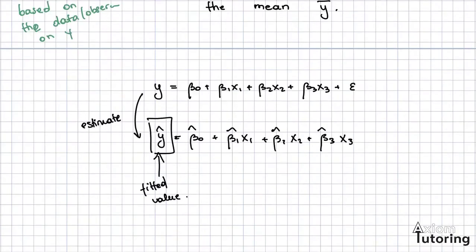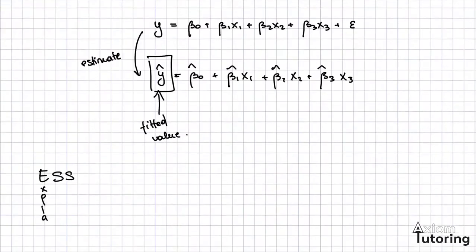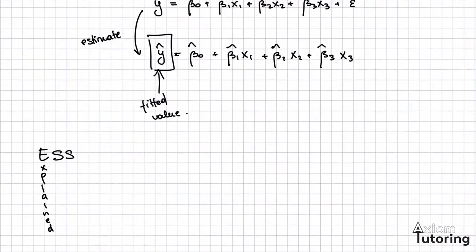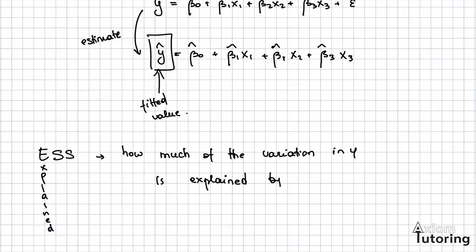Which brings us to the explained sum of squares, which is going to tell you how much of the variation in y is explained by the regression.